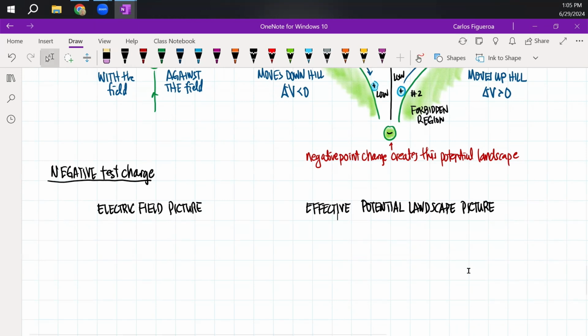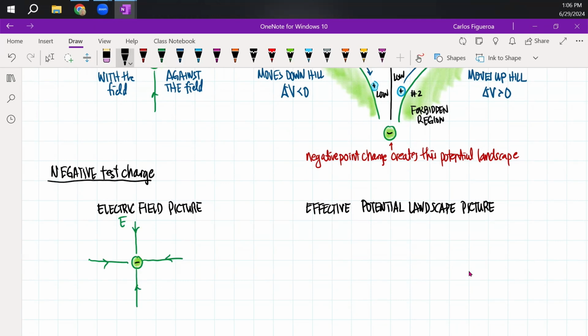Because we have a negative charge, the positive charge of the test charge now flips the negative potential. In other words, because of the sign difference, I still have my field like this, but now this is a negative.